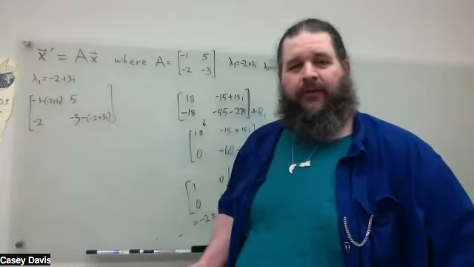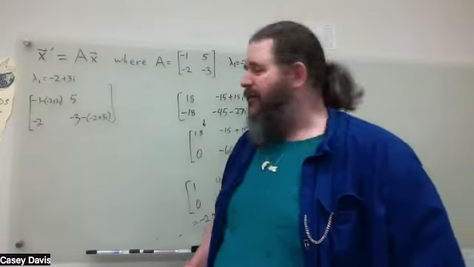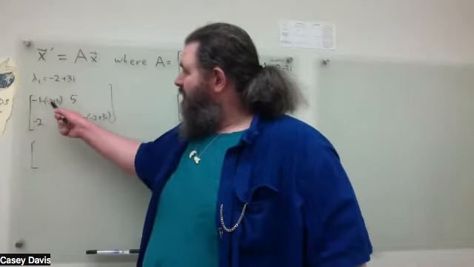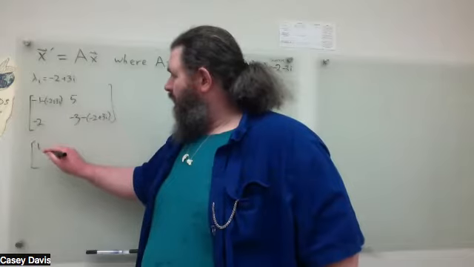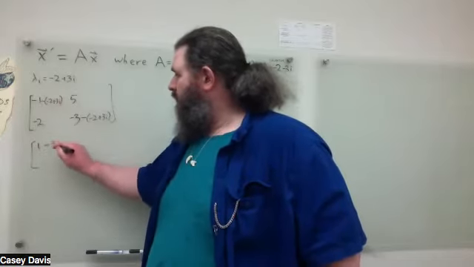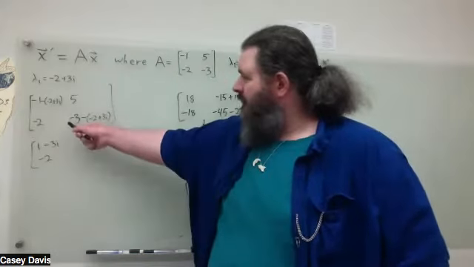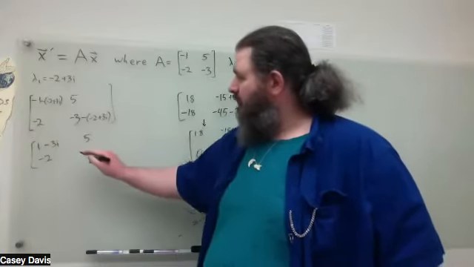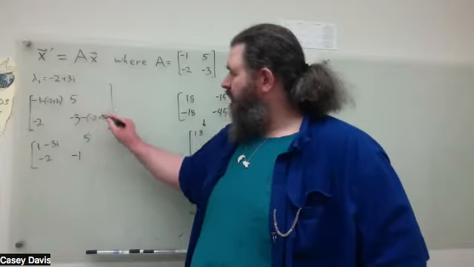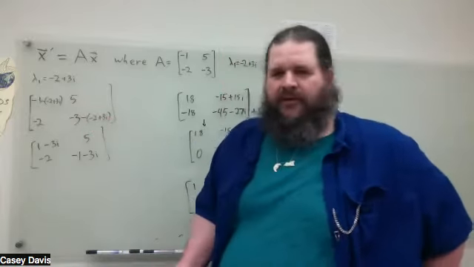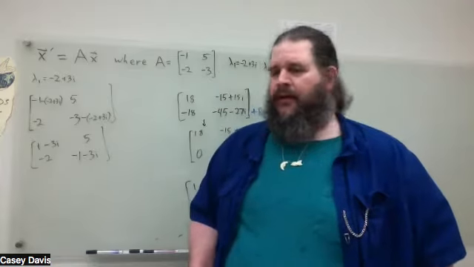We just don't need to bother writing the 0, 0 because it's never going to change anyway. So simplifying that, -1 minus -2 is going to be 1 minus 3i, 5, -2, then -3 minus -2 becomes -1 minus 3i. So I think that checks out so far.